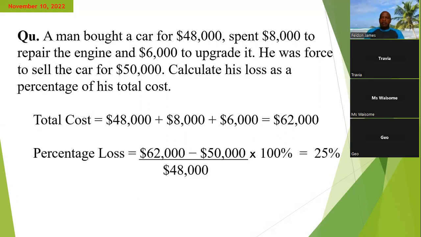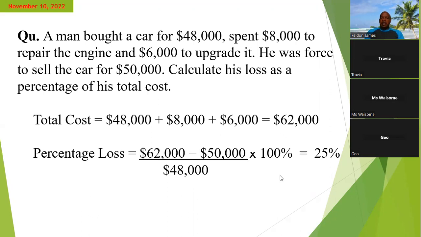So we would have the 62,000 minus the 50,000 over 48,000, because remember, we are calculating percentage, the loss as a percentage of the cost. All right, so this is a percentage loss. So we would have to put the loss over the cost times 100.